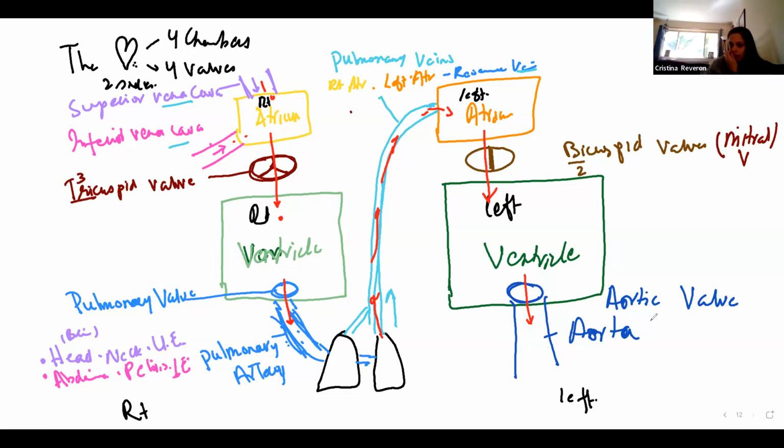When I say the aorta is the major artery of your body, that's because all arteries in your body are going to, directly or indirectly, branch off the aorta.